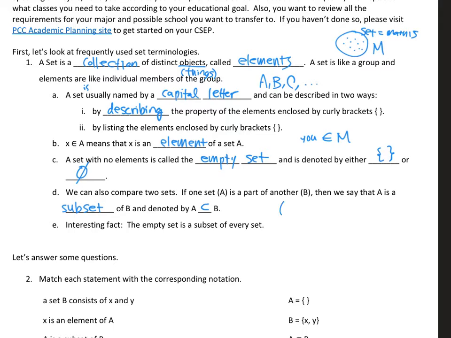So I can write it like that, or I can also write it like B, A. For example, I can say people in my class who are wearing glasses. I can say that group, or that set, is a subset of the set M, which is the whole class.